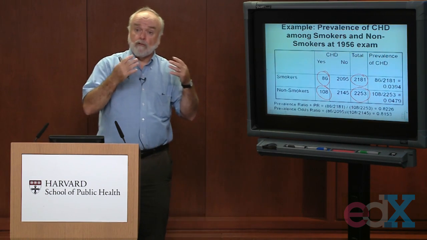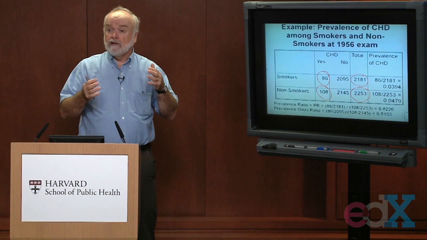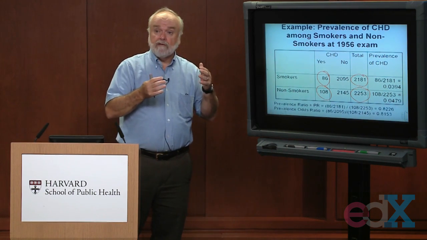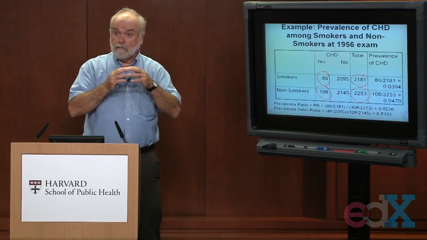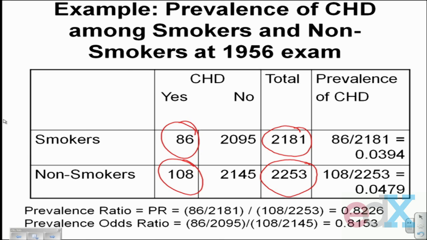Well, with these types of cross-sectional data, we can measure prevalence. We can measure the prevalence of existing coronary heart disease among all the smokers. There are 86 smokers out of the 2,181 total smokers who had heart disease. That gives me a prevalence of 0.0394. About 4% of the smokers had coronary heart disease at their 1956 exam.